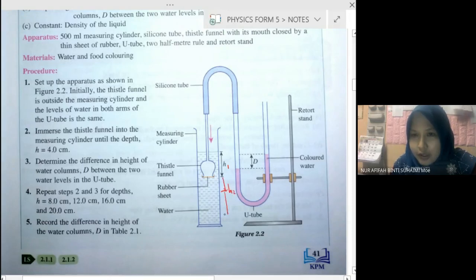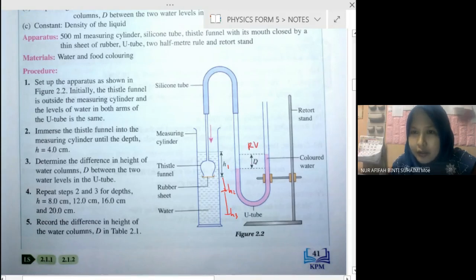So this one you change the manipulated variable h. And then d represents the pressure. d is what we want to measure. So this d is the responding variable.